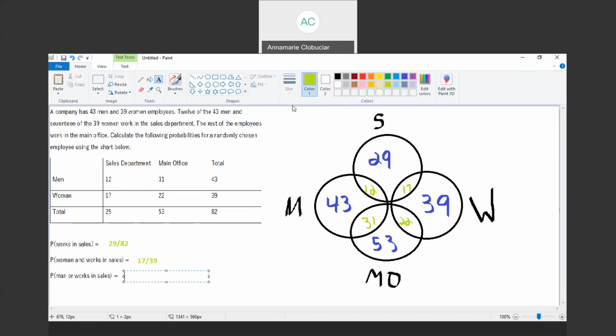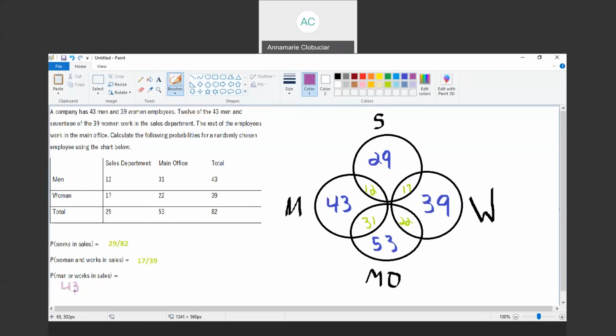The first thing is to think about how many men we have. We know we have 43 men, so that's going to be our top number, and those 43 men are out of the 82 people we have. That represents how many men we have.